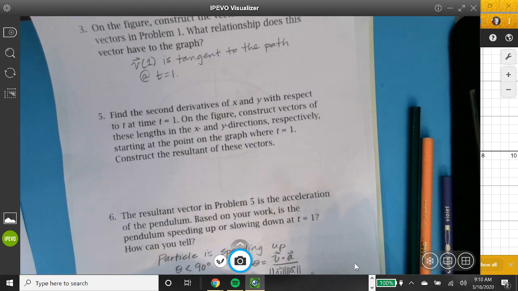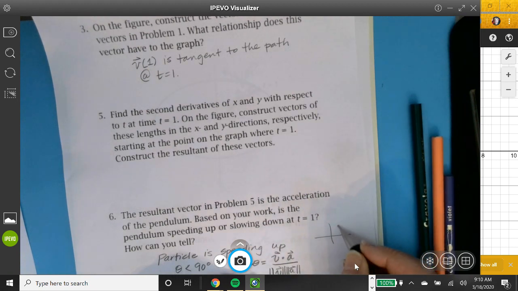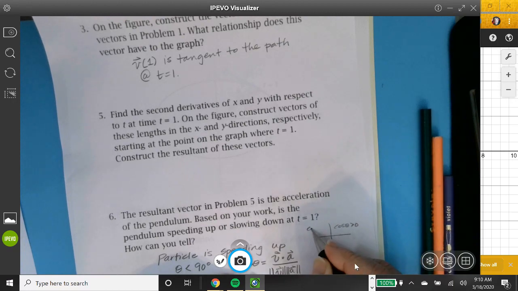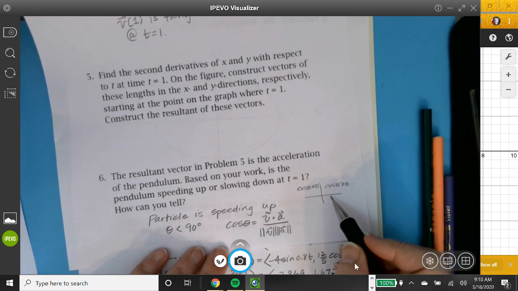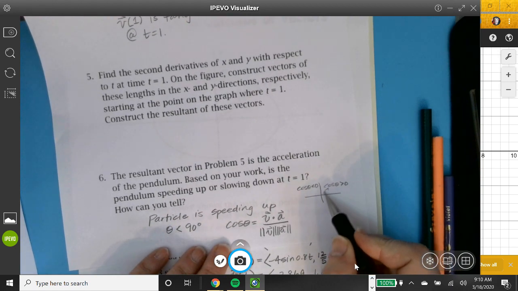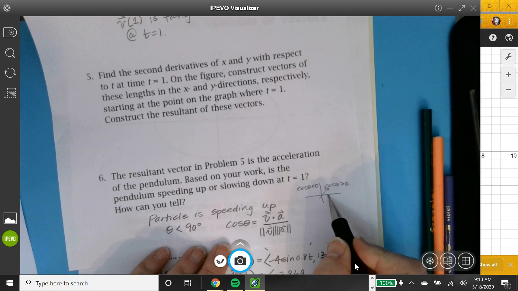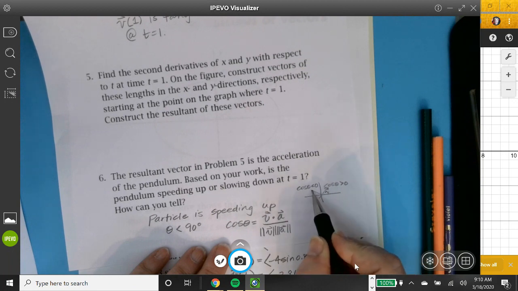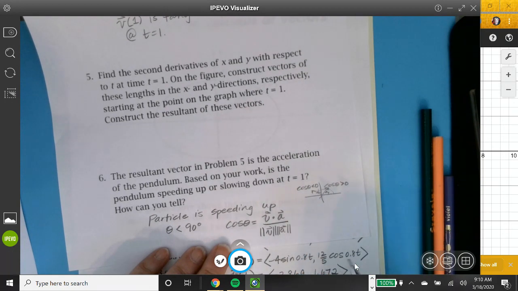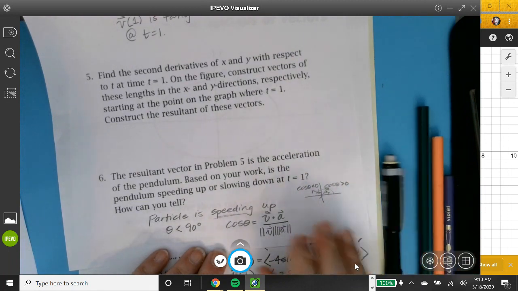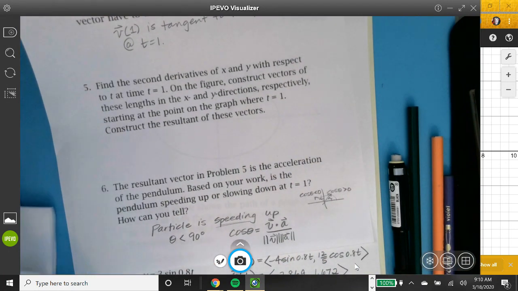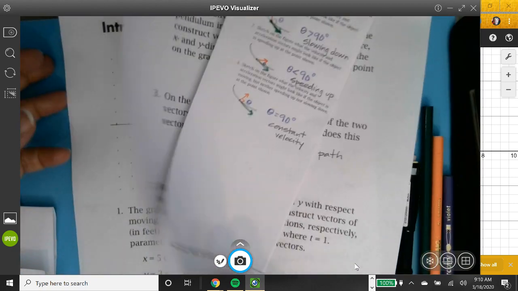If the cosine is less than 0, we would have an obtuse angle. So we know that the particle is speeding up because the angle between them is less than 90 degrees.